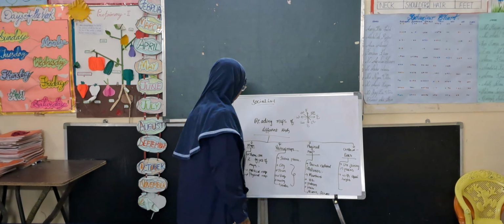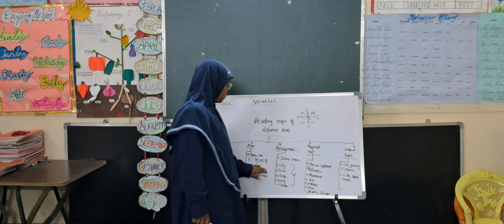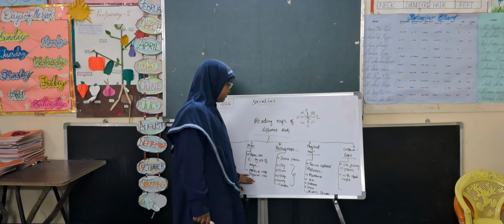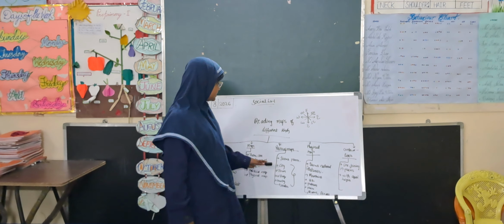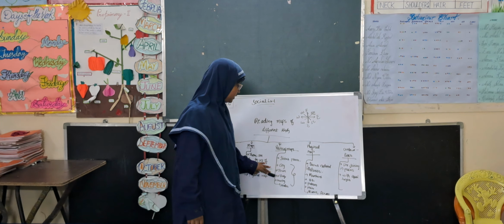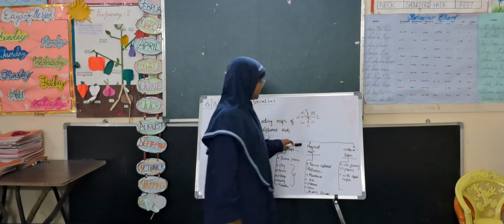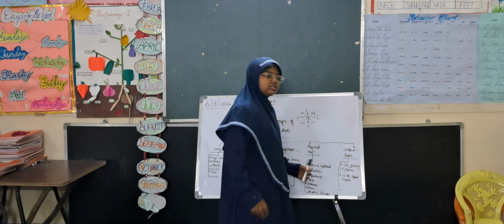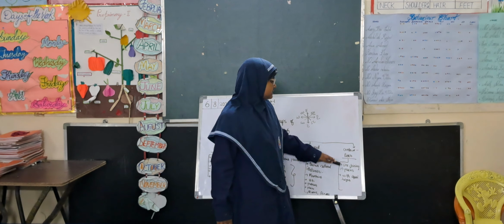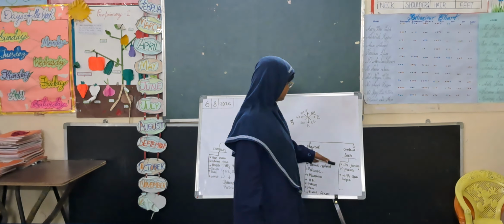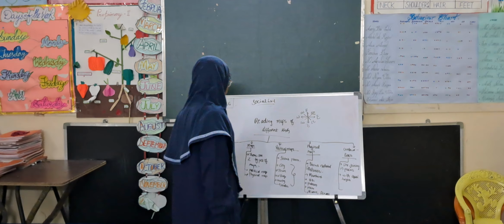First I will talk about maps. There are two types of maps: political maps and physical maps. Political maps show us different types of places like city, town, village, country, states. And physical maps show us the Earth's natural features like mountains, hills, plateaus, plains, rivers, and oceans. Contour lines are lines joining places with equal heights.